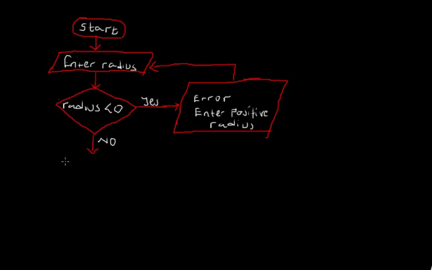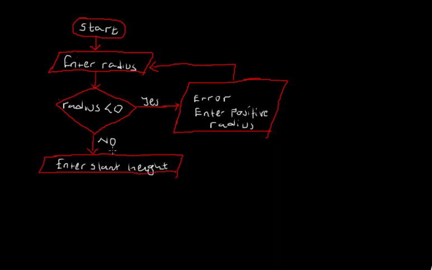So say enter slant height. And since you're putting in something, this is an input, so it will have this type of shape symbolizing input or output.